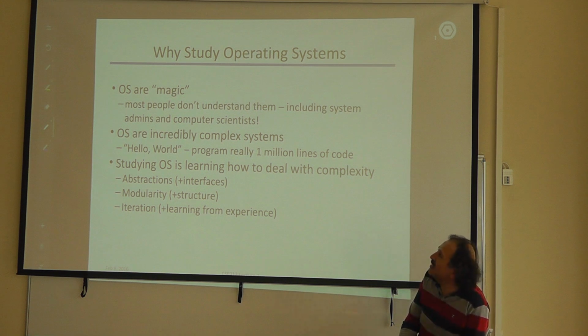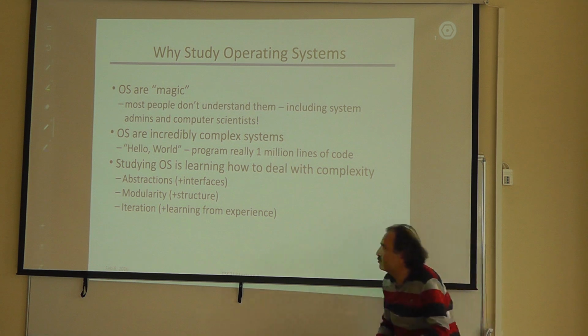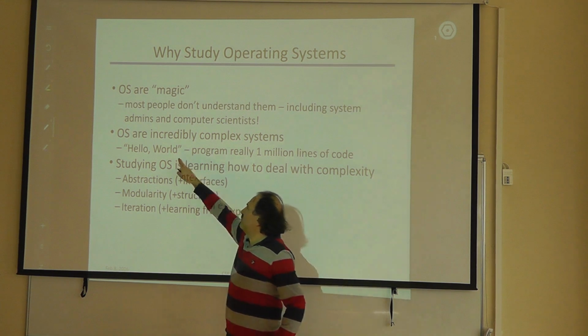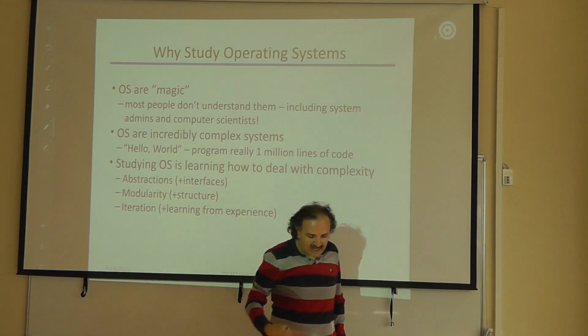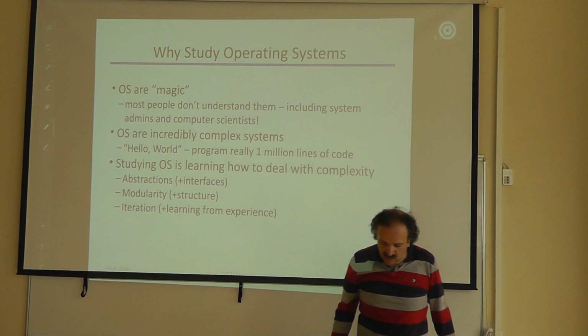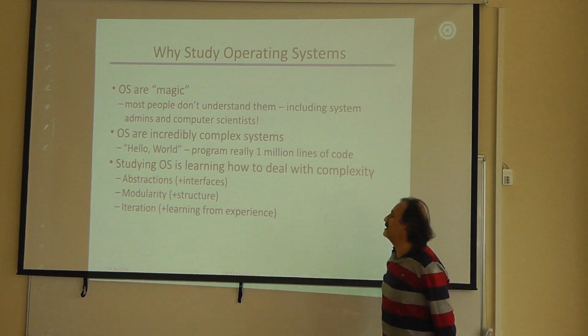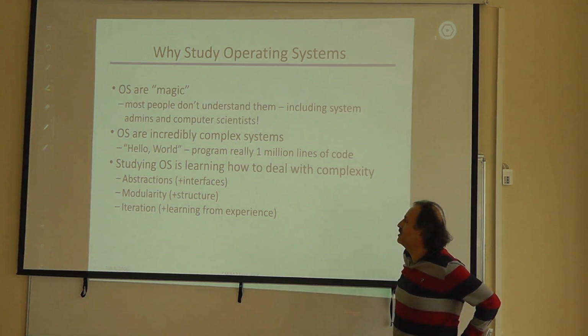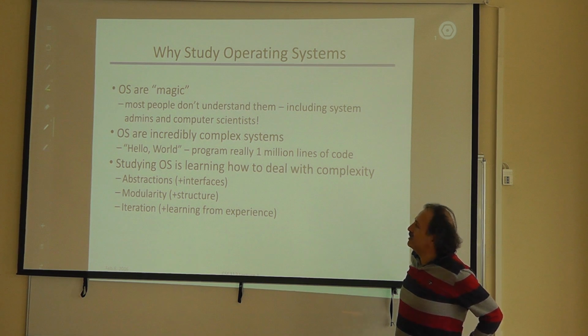Okay, they are incredibly complex. When you write a simple C program, it might look like the Hello World program, like 5 lines of code. In fact, it's actually a million lines of code underlying this Hello World program, because in order for Hello World to run, it needs the compiler. The compiler has lots of lines of code.